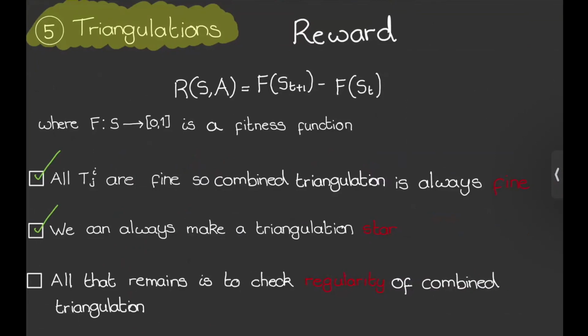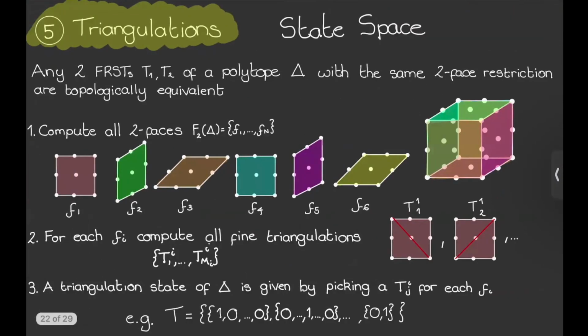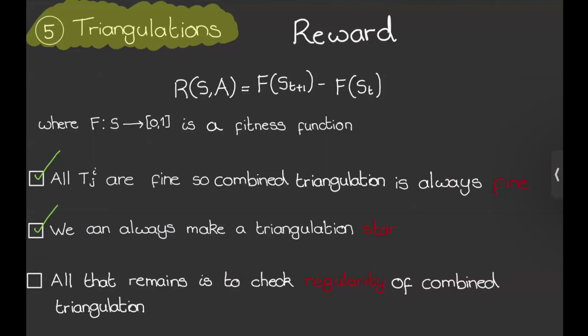Okay, so now we want to define our reward function. The reward is just the difference: the fitness of the state you move to minus the fitness of the original state. As I said, all of the triangulations of the two-faces are already fine, which means the combined triangulation is going to be fine. So we don't have to check that condition.